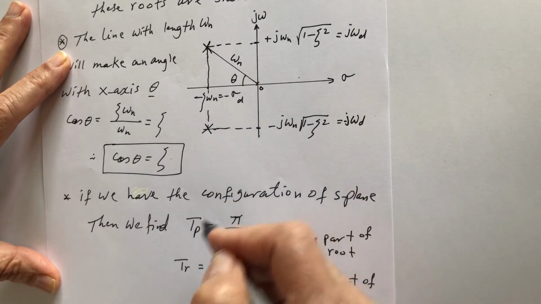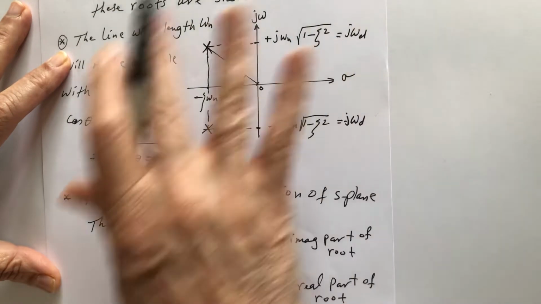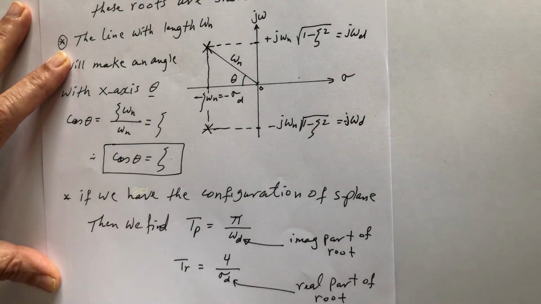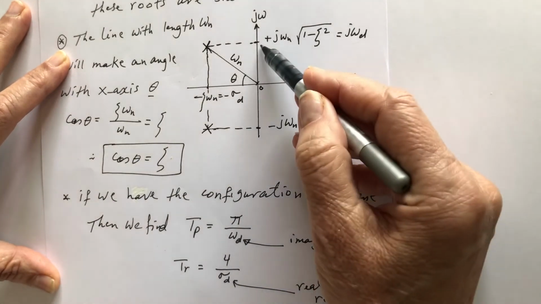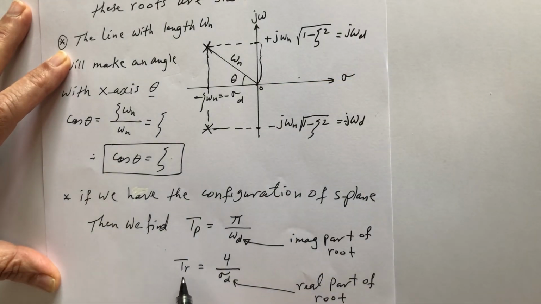If we have the configuration of the S-plane, we define Tp equal to pi over omega d. This is omega d. So if you have an S-plane with all these parameters and values in front of you, you can find Tp, the time to the peak value, equal to pi over omega d. No, this is Ts, sorry. This is Ts, the settling time.